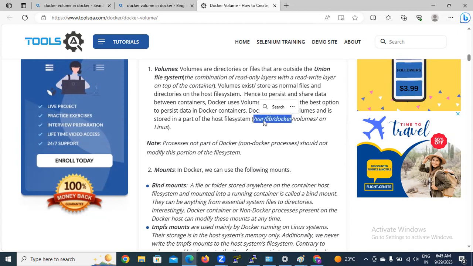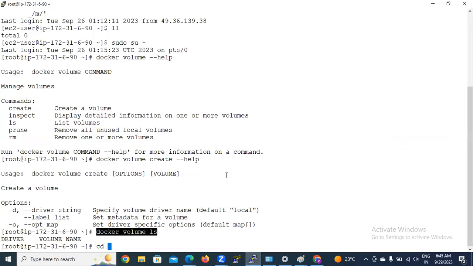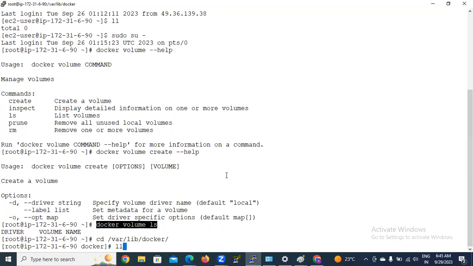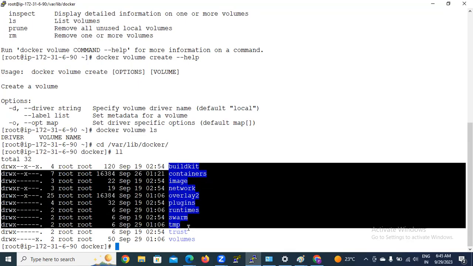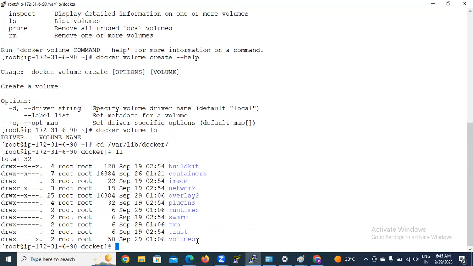Because Docker is there, and then the volumes section. So let me cd to lib, docker. When you install Docker, you get all of this by default.